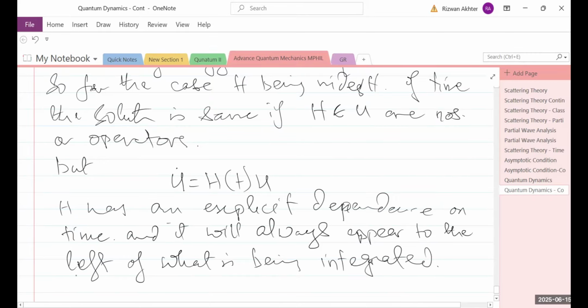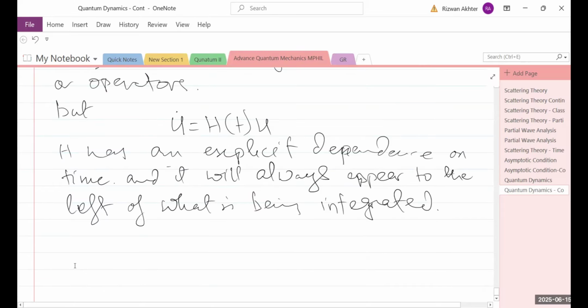So the first case is a simple case where h and u are numbers.